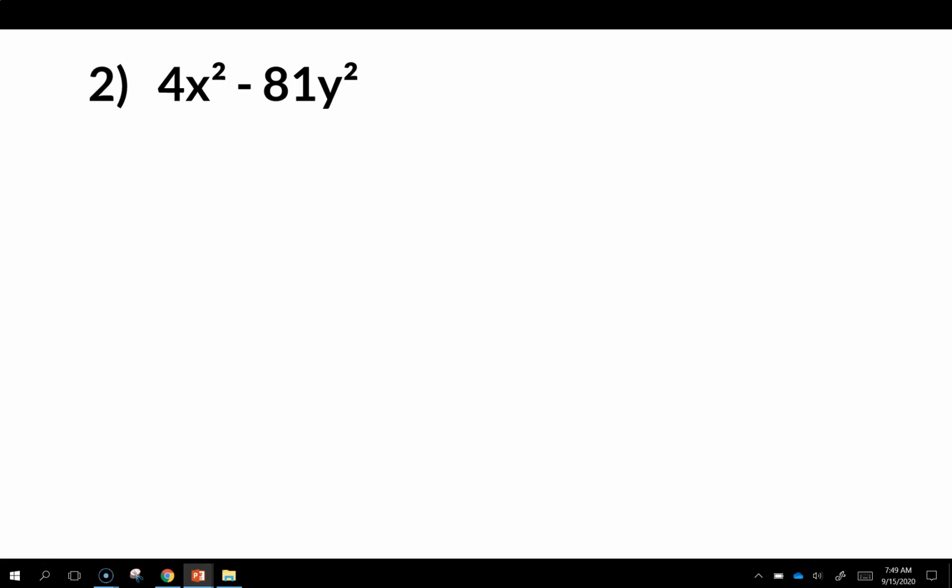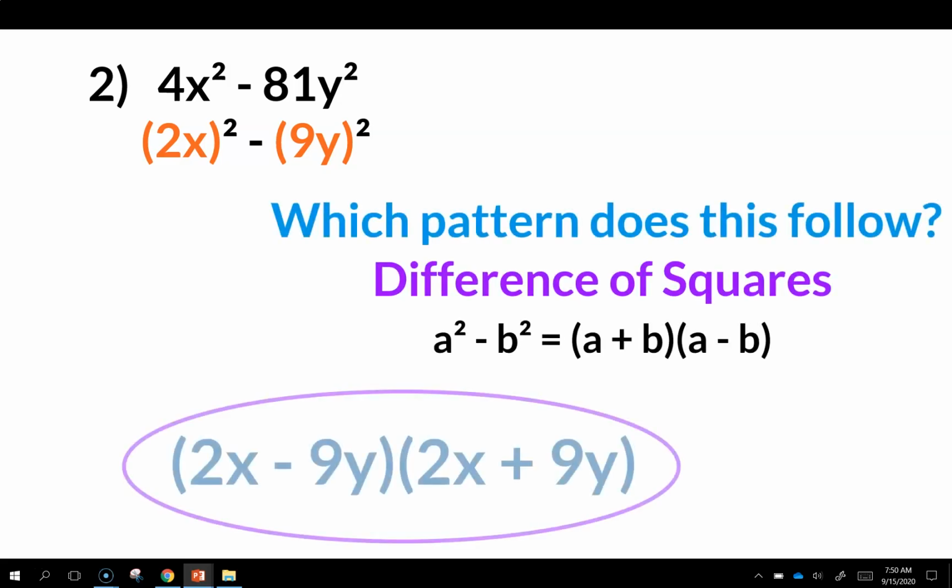The square root of y squared is y. So we could rewrite it looking like this. That shows the a and the b values. So this is writing it in that a squared minus b squared format, because then I can separate it with a plus b and a minus b using the square roots we already found. So I can write it as 2x minus 9y and 2x plus 9y. So when you write out your factors, you're using square roots.